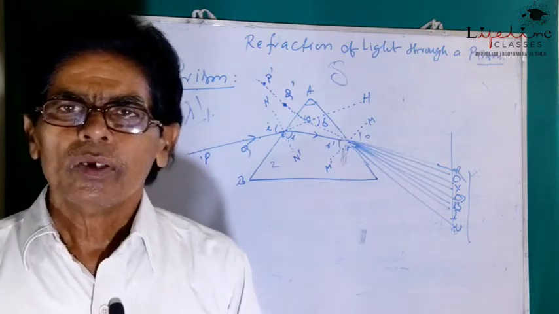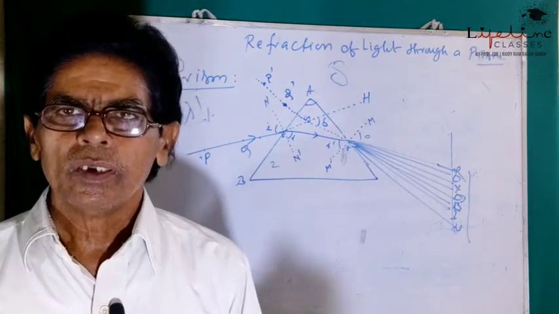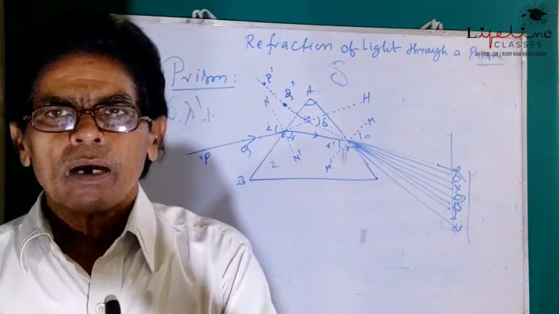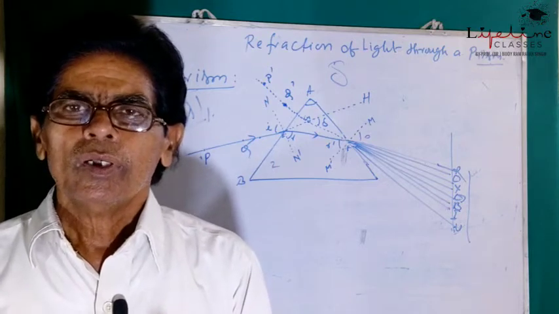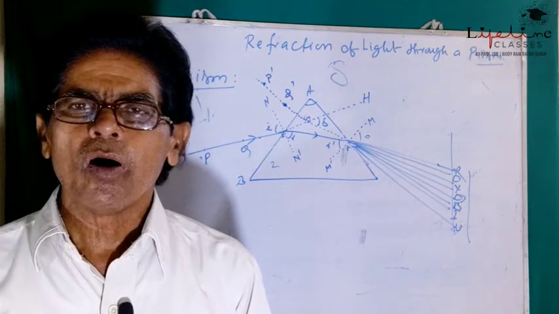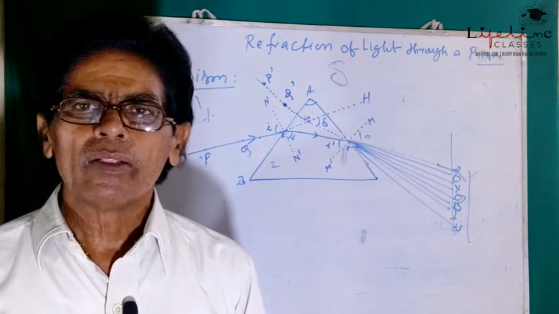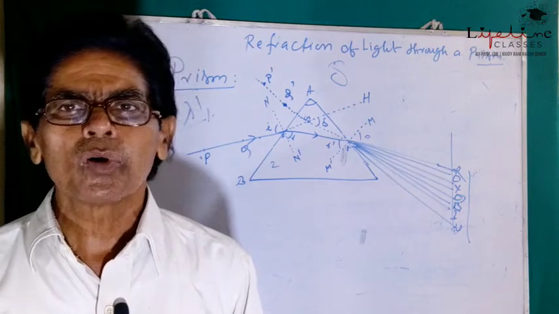It is because there is a wide range of frequencies between these 7 component colors. You know that the wavelength of red light is 7800 angstrom, and that of violet light is 4000 angstrom.